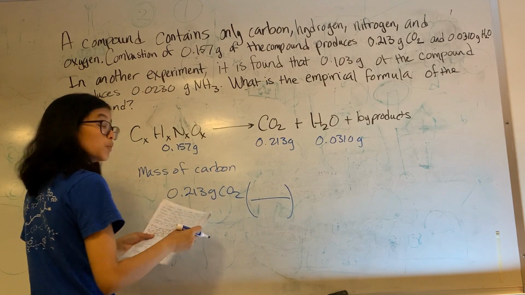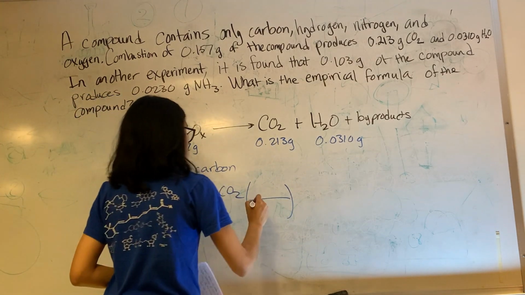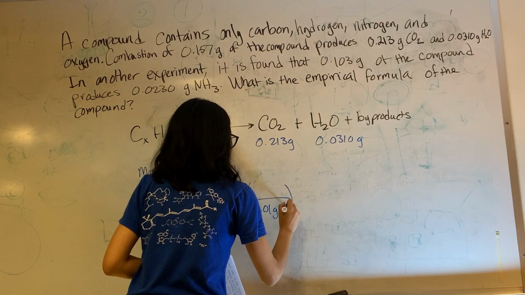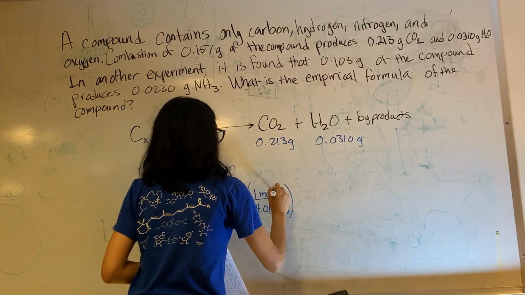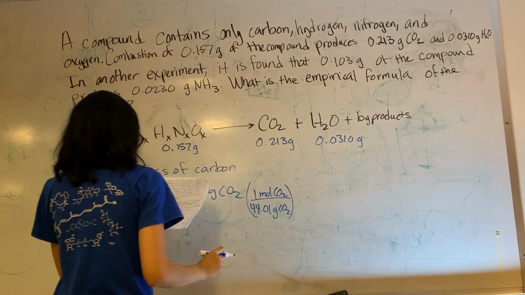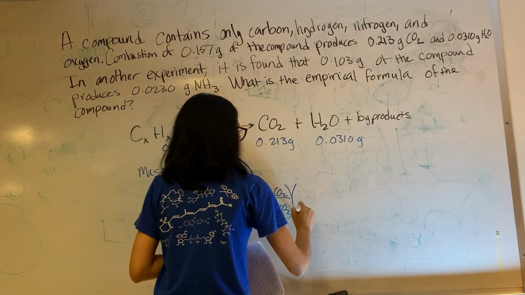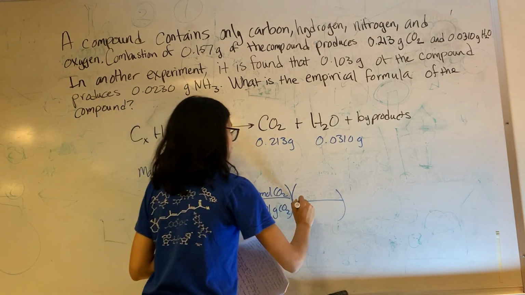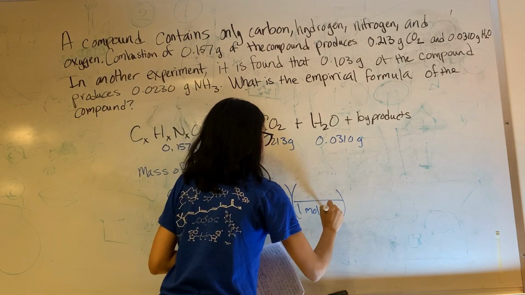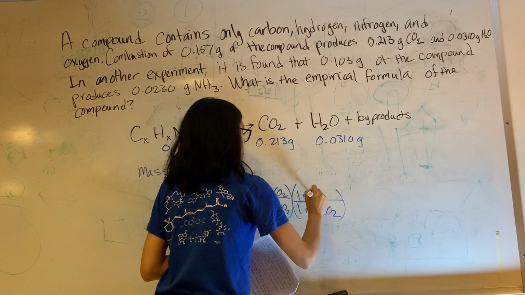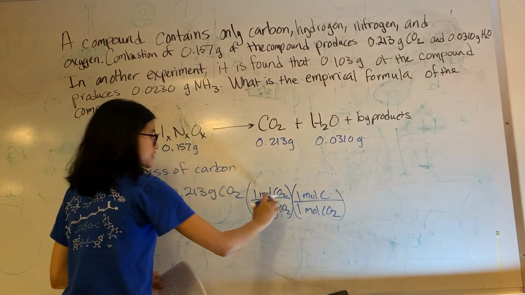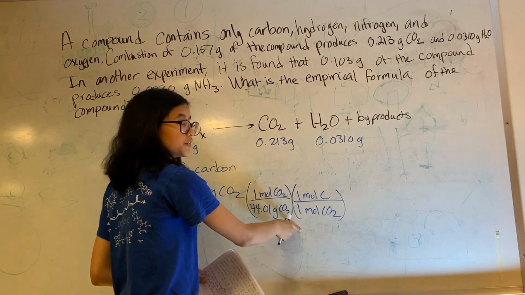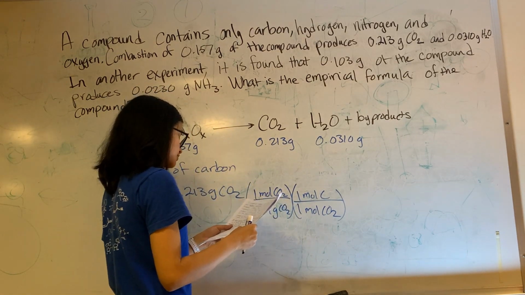If you figure out the molar mass of CO2, you'll find that it's 44.01 grams of CO2 for every 1 mole of CO2. And then you use the mole ratio of CO2 itself and say that for every mole of CO2, we're just going to get 1 mole of carbon out. So this looks like it's not super necessary, but it can be relevant if this is not a 1-to-1 ratio.